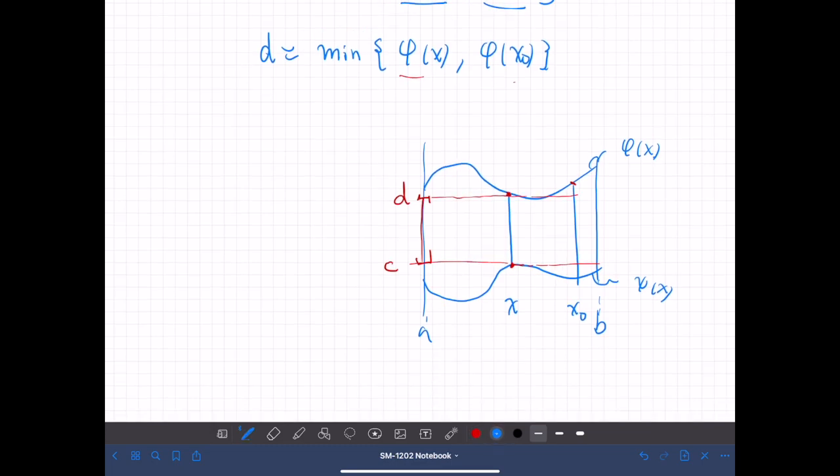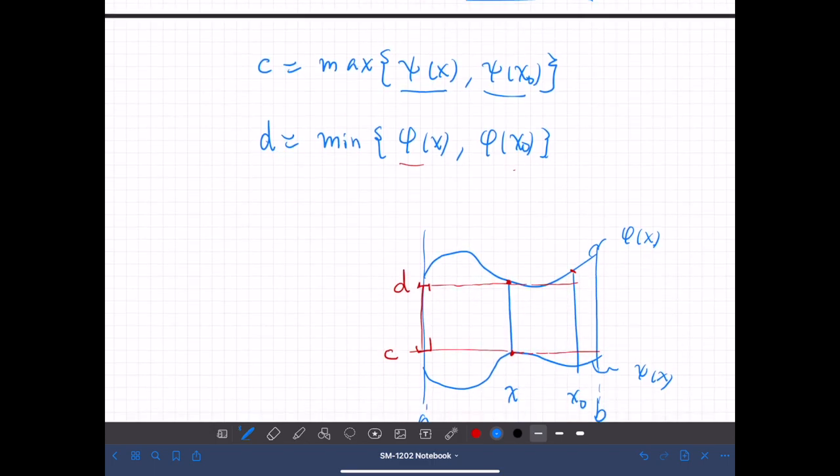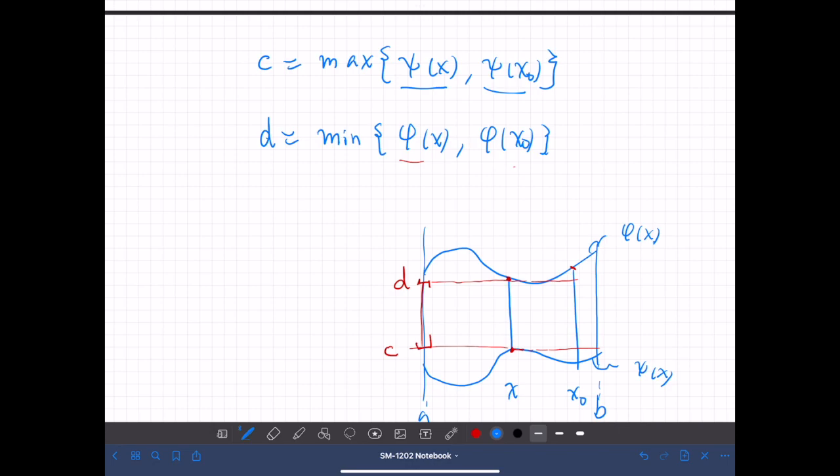Then, because these differences can be made arbitrarily small by choosing an appropriate value of delta, we have the following inequalities.